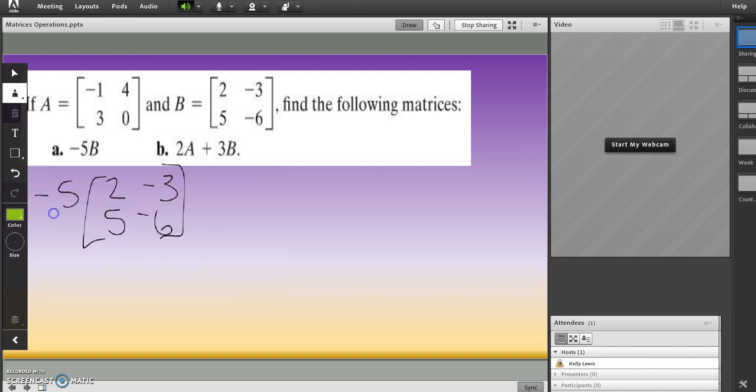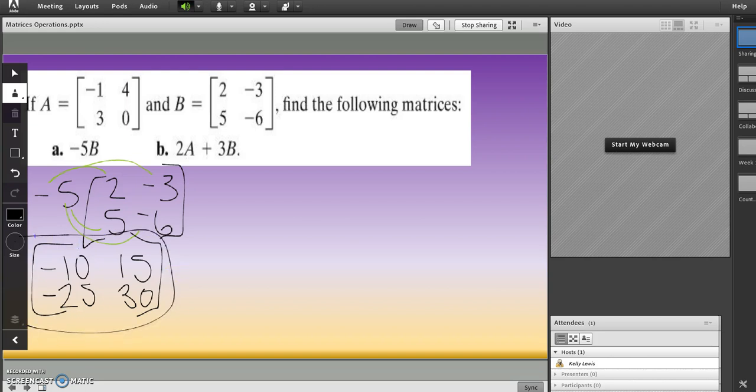Negative 5 there, negative 5 there, negative 5 there, and negative 5 there. So negative 5 times 2 is negative 10. Negative 5 times negative 3 is 15. Negative 5 times 5 is negative 25. Negative 5 times negative 6 is 30. And that's my answer.